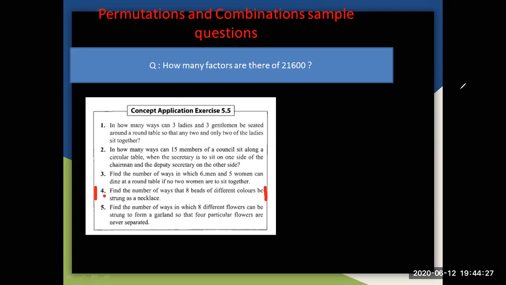Wait, so do we use all the 8 beads? Yeah. And the colors are all different. Yeah, of different colors. Oh, that's easy then.